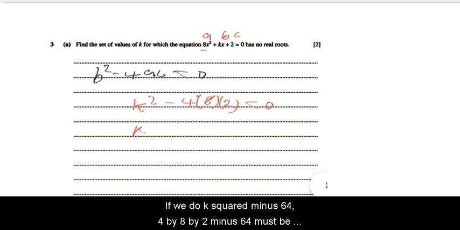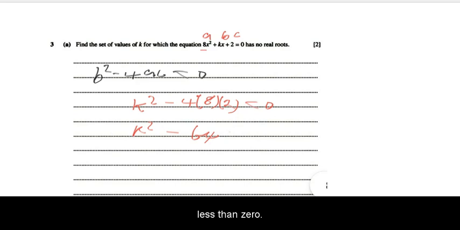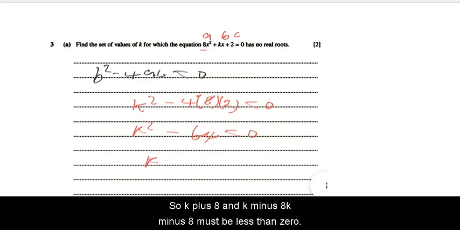If we do k squared minus 64, 4 by 8 by 2 is 64, so k squared minus 64 must be less than 0. So k plus 8 and k minus 8 must be less than 0.